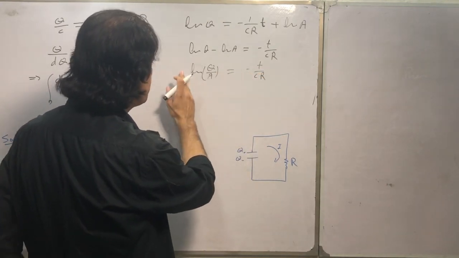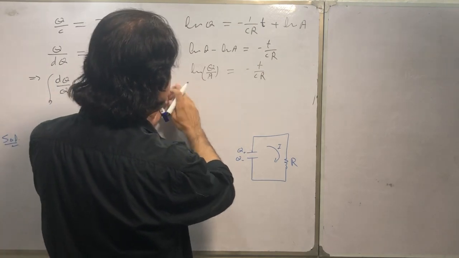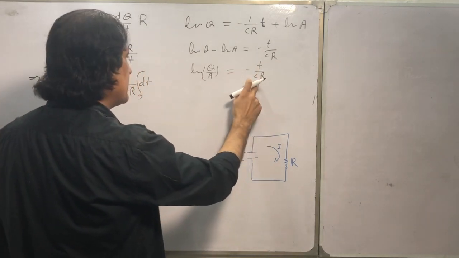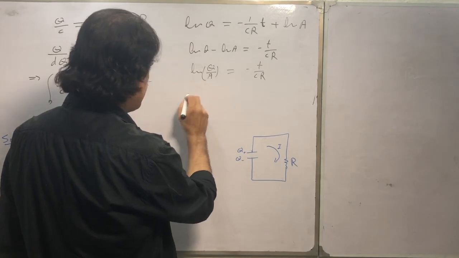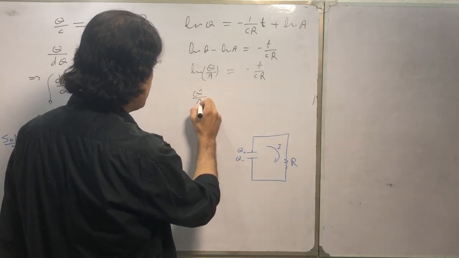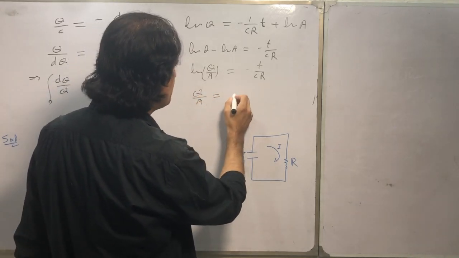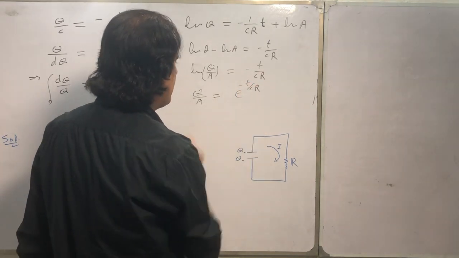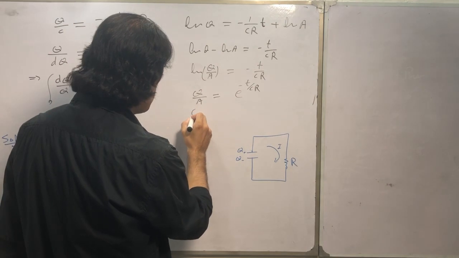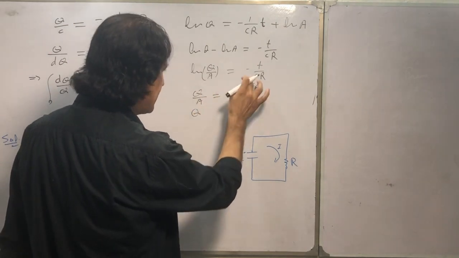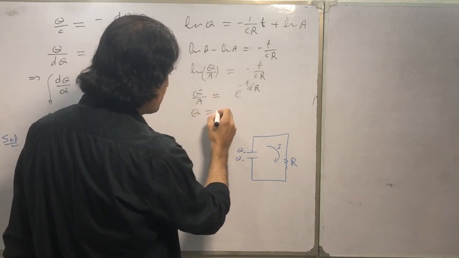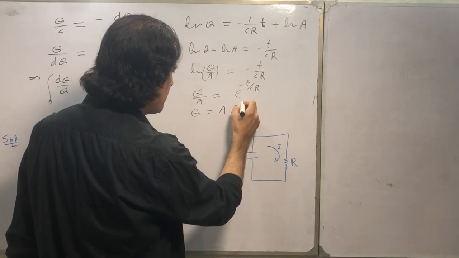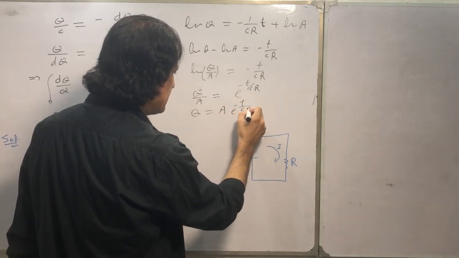Further, if we remove the log from this side, then this goes to the exponential, so q divided by a is equal to the exponential of minus t divided by cr, and q, which is a function of time, is equal to a e to the power minus t divided by cr.